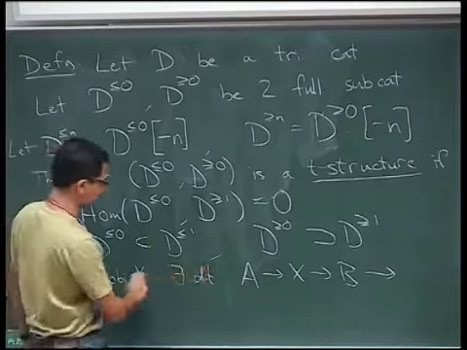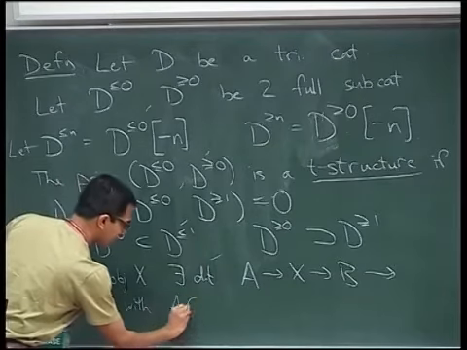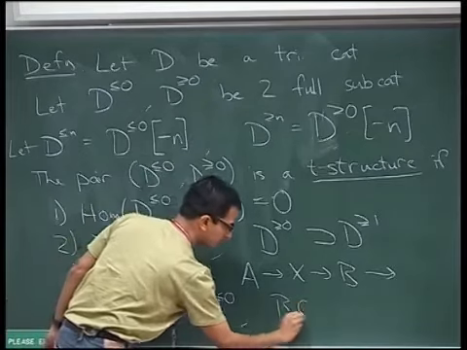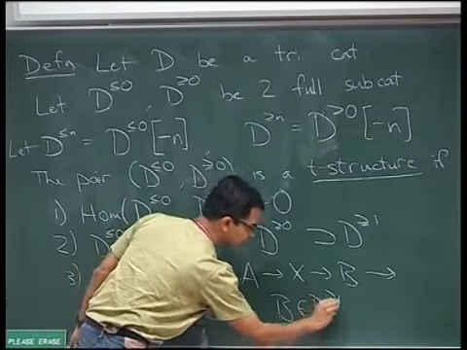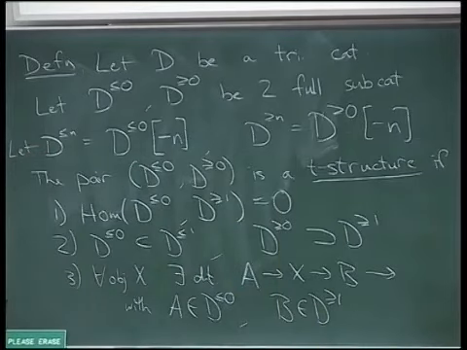Anyway, there exists a distinguished triangle, and the condition is that A belongs to D less than or equal to 0, and B belongs to D greater than or equal to 1. Okay, so that's the definition.